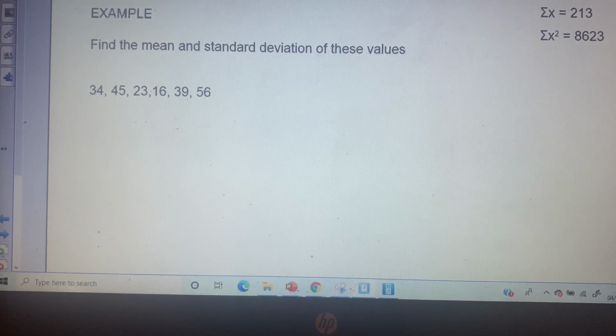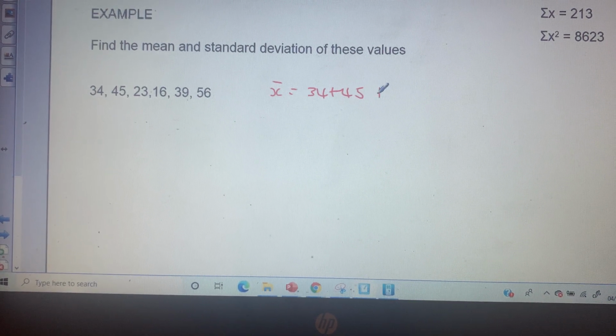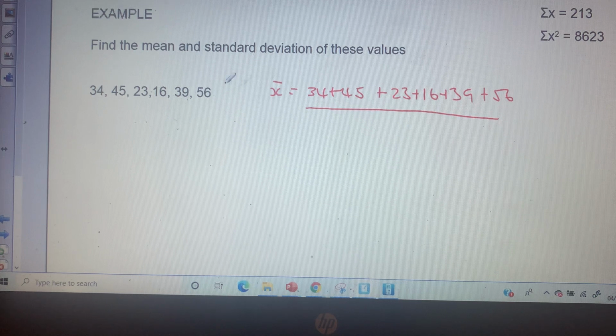You know, if you were doing this without a calculator, you would find the mean, you would add them all together, and divide by 6. So it's 213 divided by 6, and you would work that out.